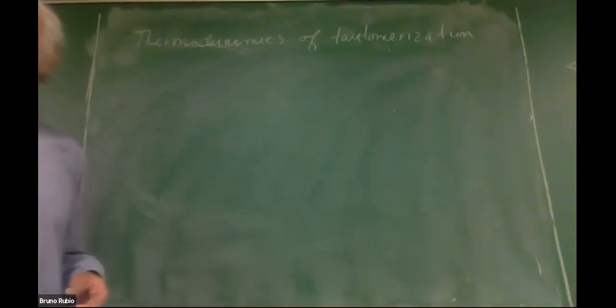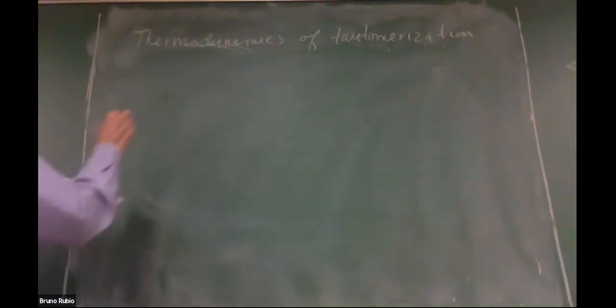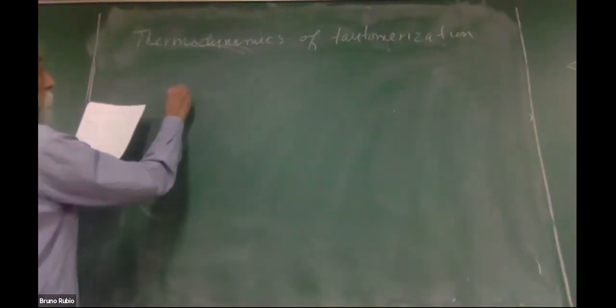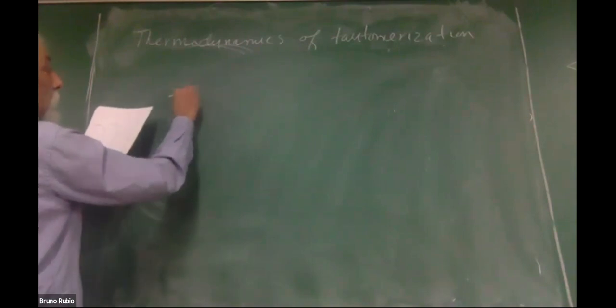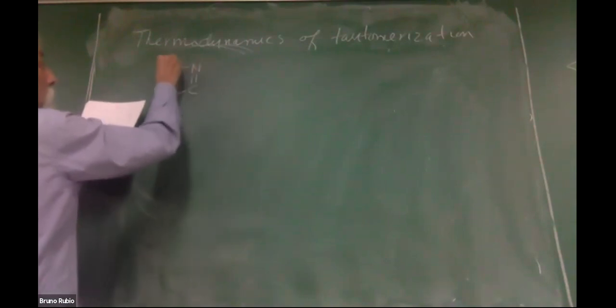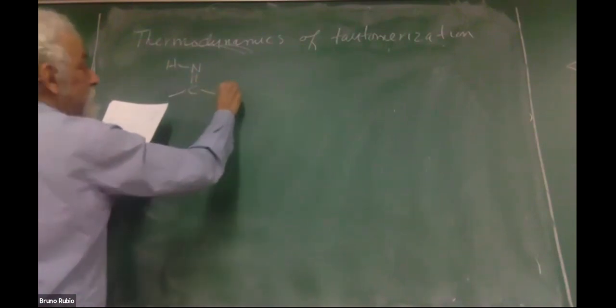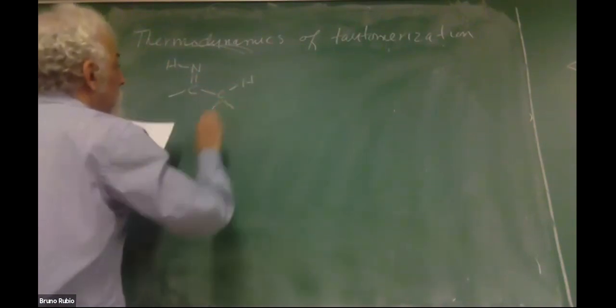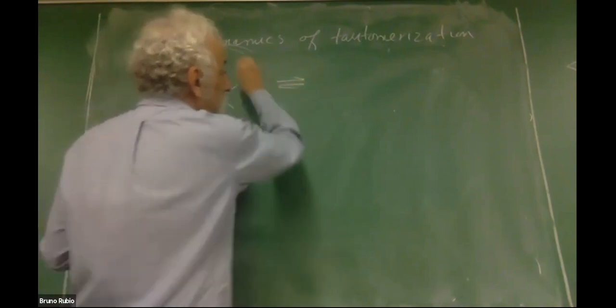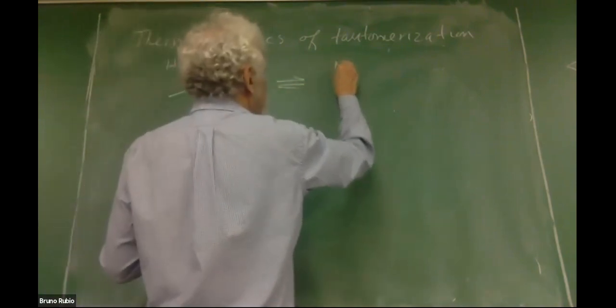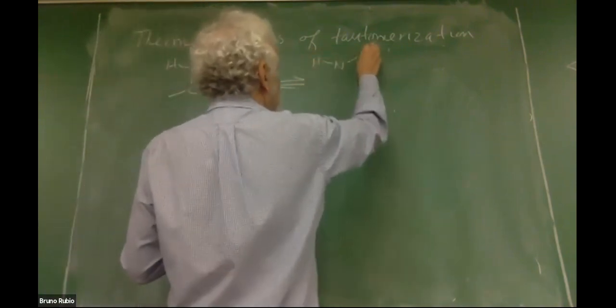We talked about the imine-enamine tautomer pair. So there's the imine, double, single, bond to hydrogen, do all of that jazz that we've been talking about.